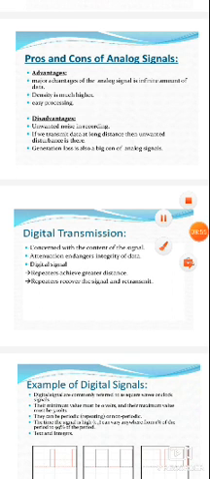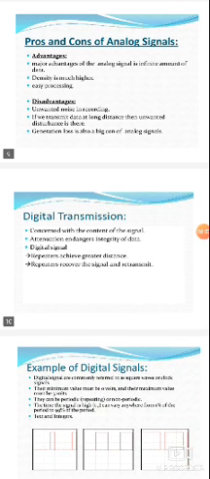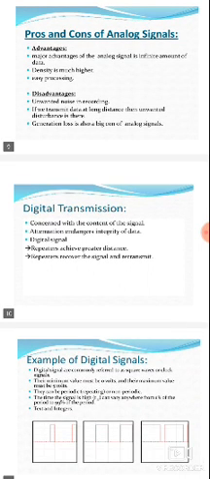Disadvantages are unwanted noise in recording. If we transmit data over a long distance, then unwanted disturbances occur. Generation loss is also a big disadvantage of analog signals. So the major advantages are that it is the basic communication system, density is higher, and processing is easy.